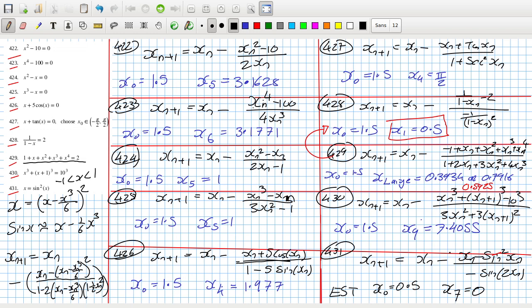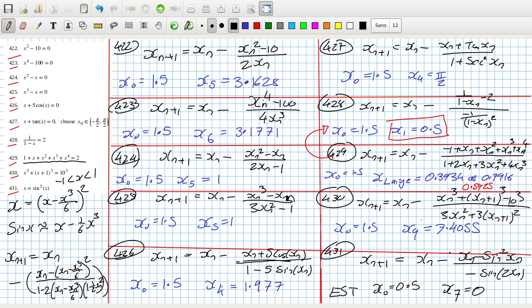So what about if I try this again, but starting with 0.5? Let's see what happens. 1, 2, 3, 4, 5.